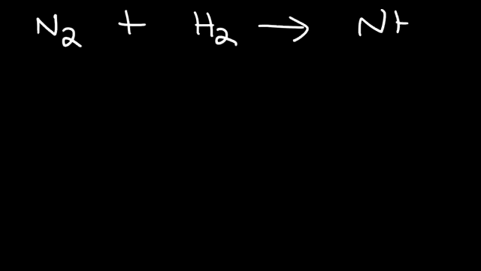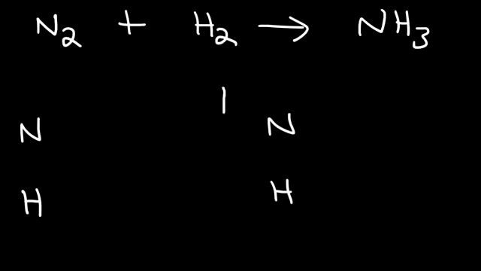Now let's work on another example. Let's react nitrogen gas with hydrogen gas to make ammonia, NH3. So using the same techniques as the last example, go ahead and pause the video. Take a minute to work out this example. So let's make a list of the atoms that we have on the left side and on the right side.